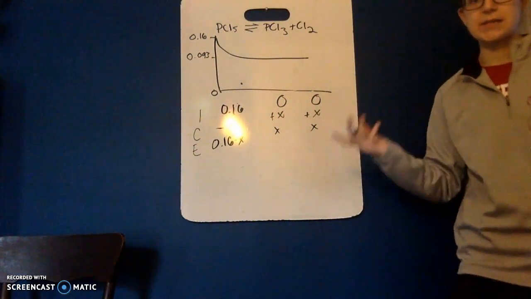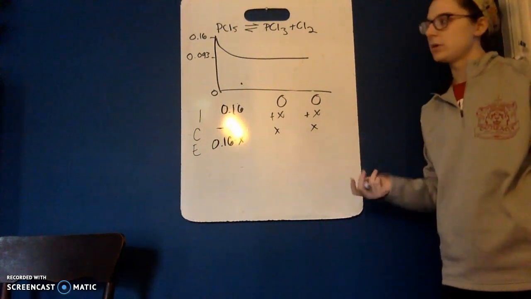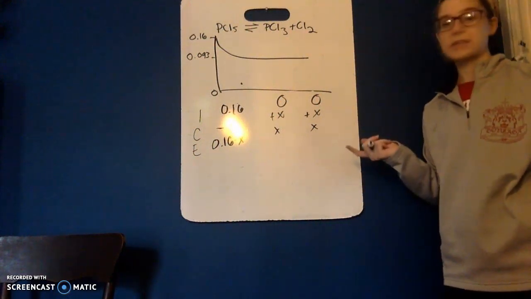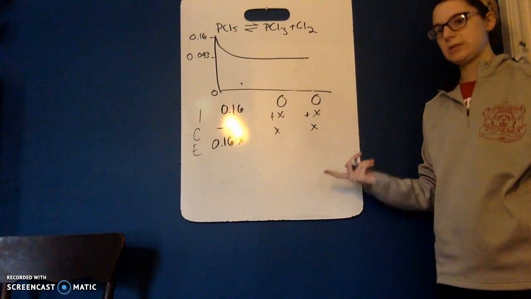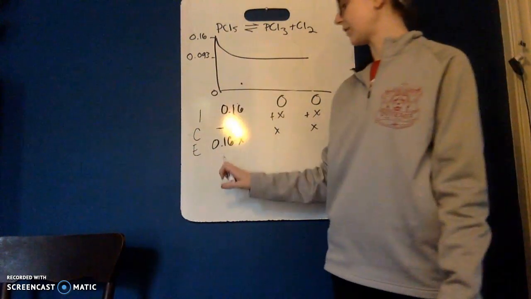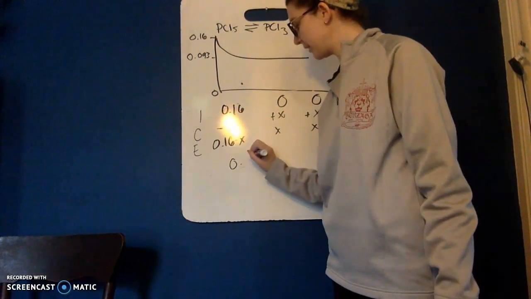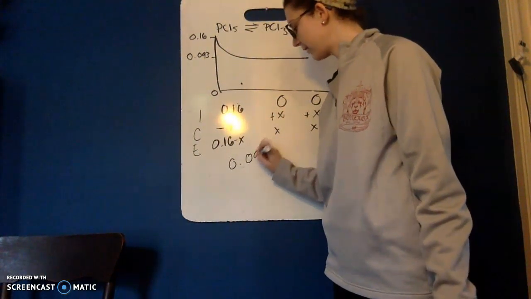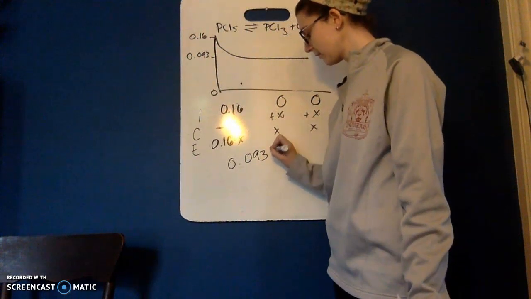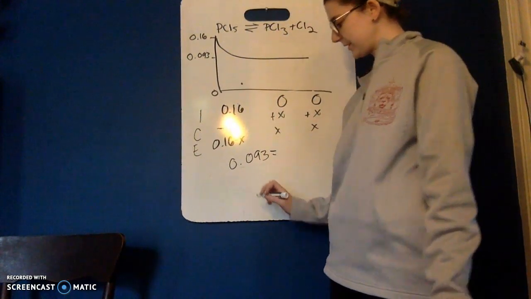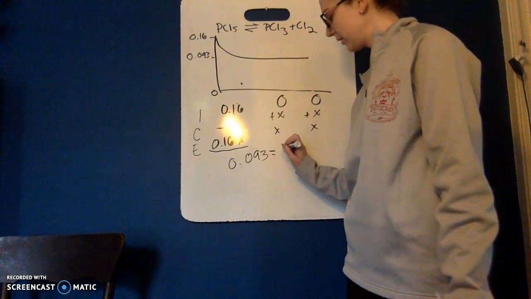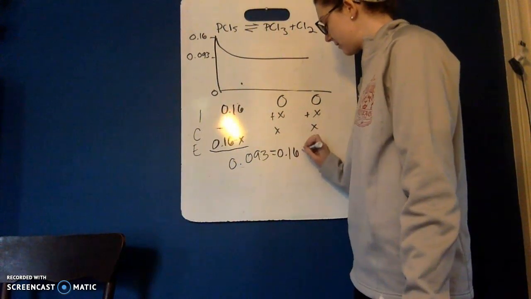Now, they don't give us a Kc value, which is what we've been using to solve for x before. But what we do know, based on the graph, is that at equilibrium, the concentration of PCl5 is 0.093 molar. So we know 0.093 is going to be equal to 0.16 minus x.